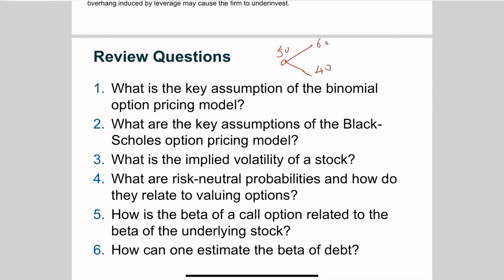What are the key assumptions of the Black-Scholes option pricing model? I don't think we actually talked about this. If you go to a more advanced class, which teaches about how to derive Black-Scholes option pricing model, then you will actually learn those key assumptions.